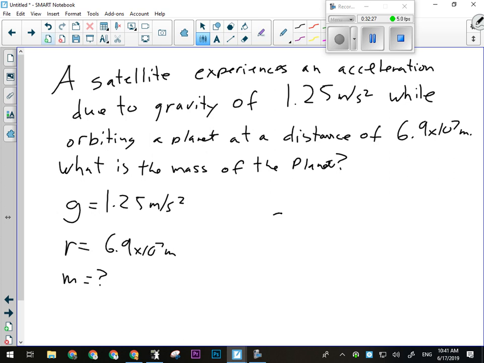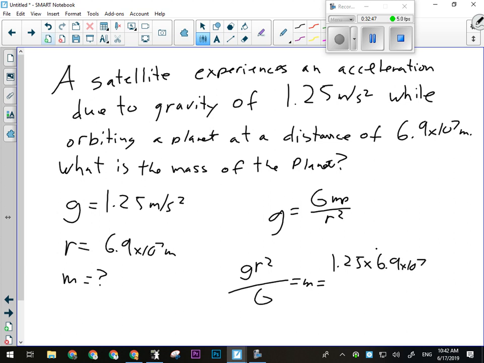Okay, so I've got g equals big G times mass of the planet, divided by r squared. I have r, and I'm looking for the mass of the planet, so I'm going to manipulate it: g times r squared over big G equals m. So that'll be 1.25 times 6.9 times 10 to the 7 squared, divided by 6.67 times 10 to the minus 11.